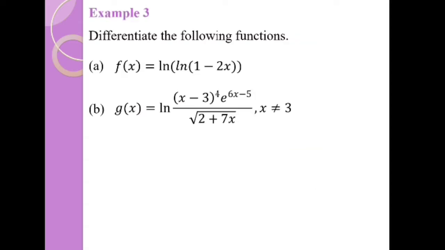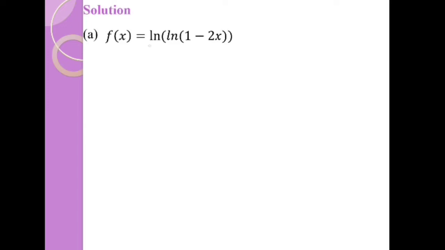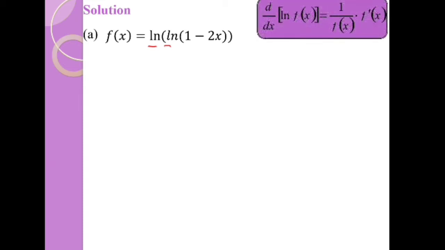Now, look at example 3a. We have double natural logarithms in this one function. So how to differentiate? Don't worry, just be careful. We have to use this formula. So to use that formula, identify what is your function f. Your function f would be all of the functions in the bracket after the first natural logarithm.